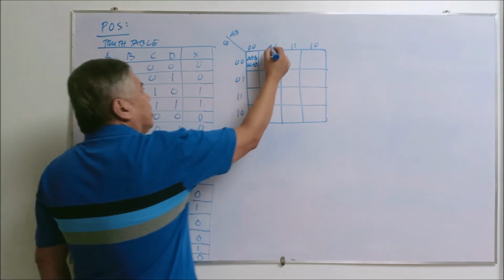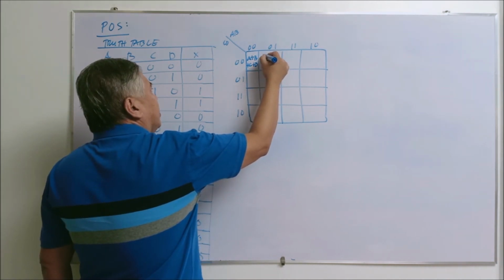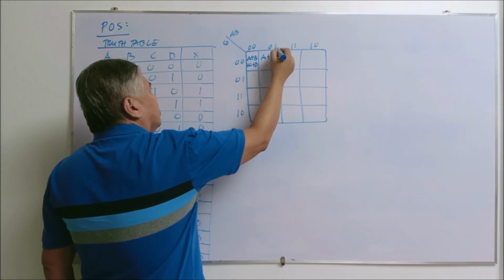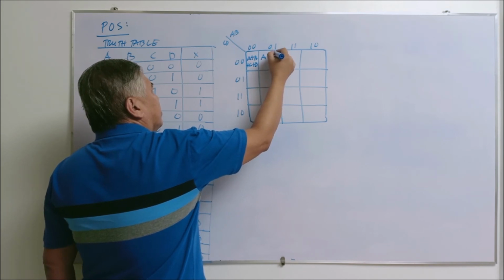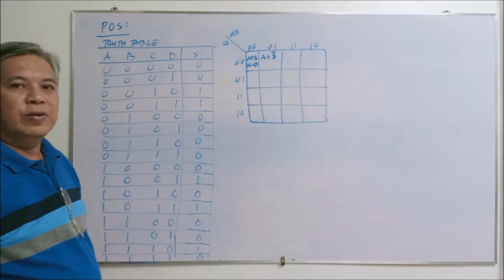Then A is 0, so you have A not complemented, plus B is 1, so that's the time that you complement the variable.